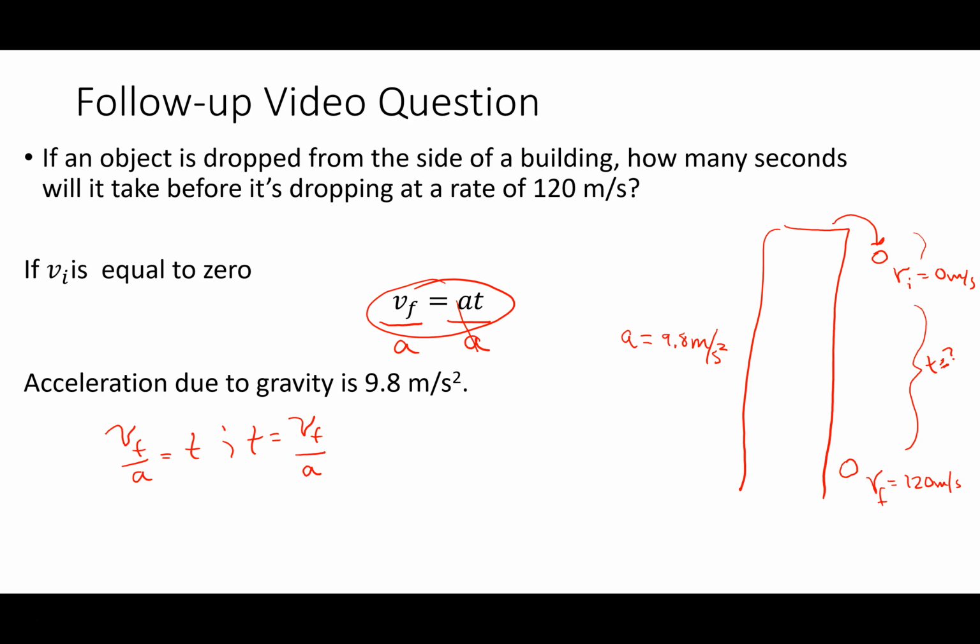So here we go. Time, T, is equal to 120 meters per second. Again, I will go ahead and just do meters over seconds at the top. Divided by 9.8 meters per second squared.